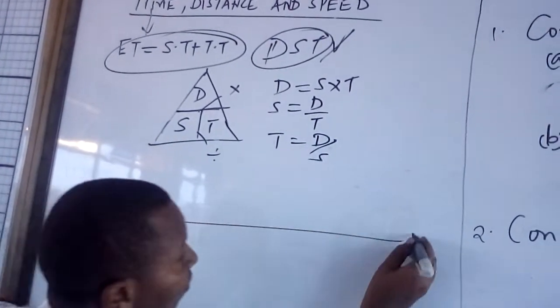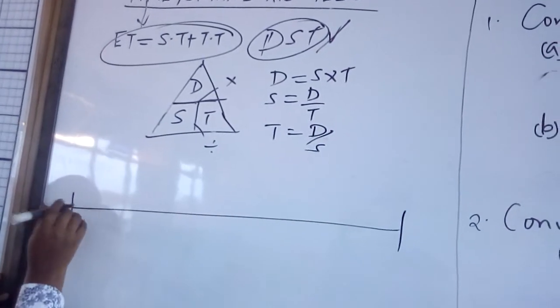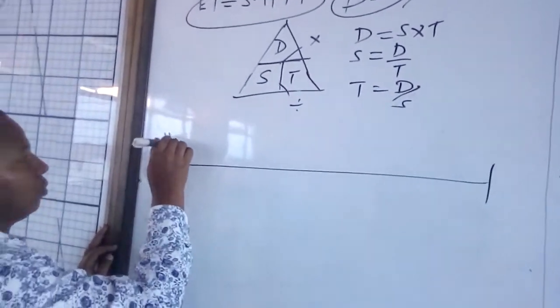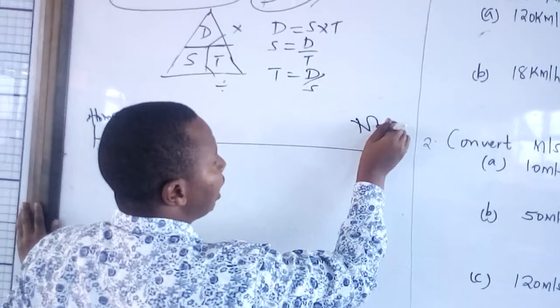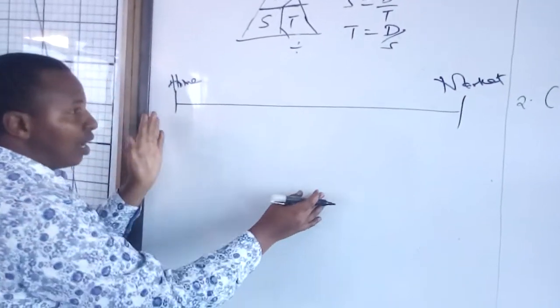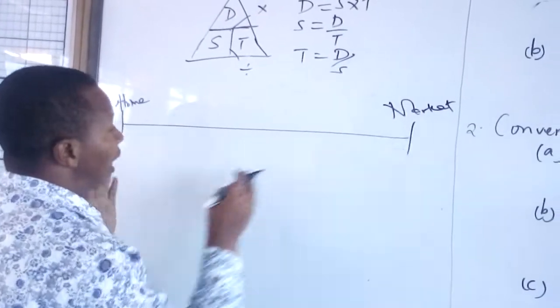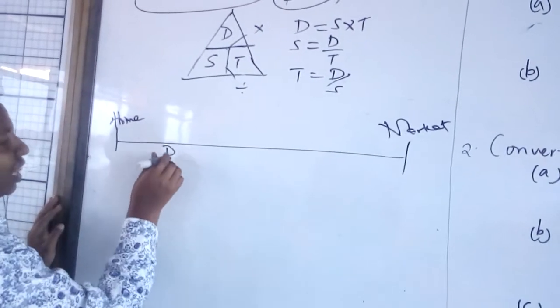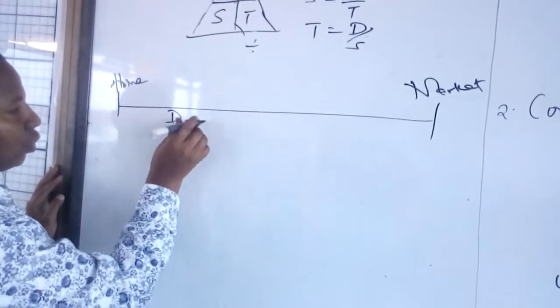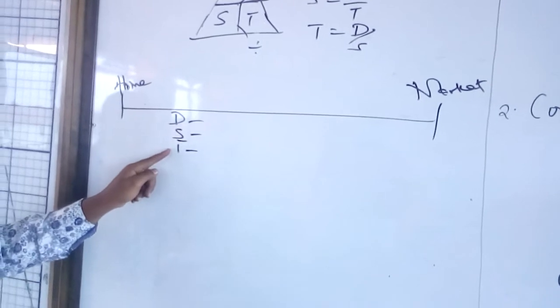One, you can be given a question where you are starting maybe from home to market. So when you are given a distance between two points, that one must be represented by those three: distance, speed, and time.